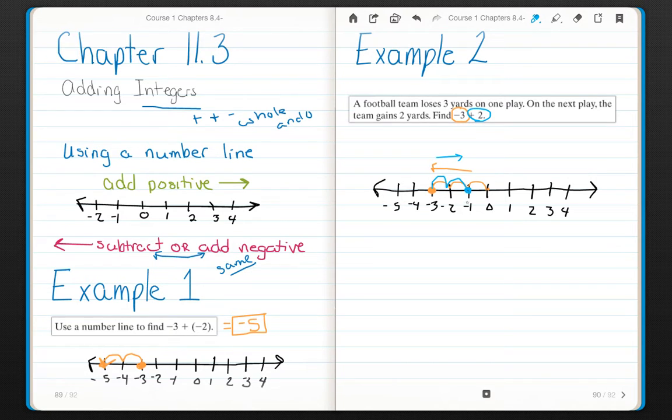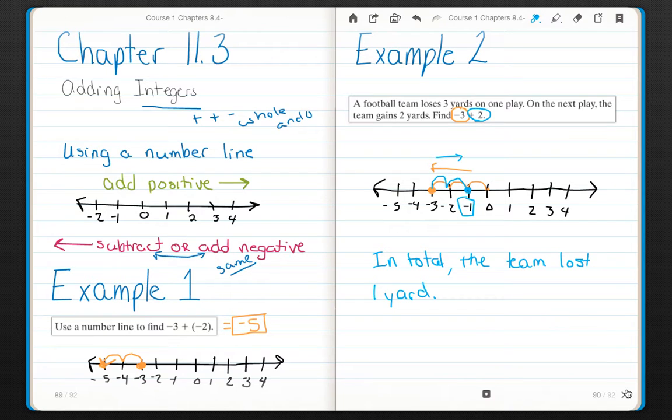I'm going to wind up here at -1. So in total, the team lost 1 yard. And they lost that 1 yard because they haven't gotten back to 0. They have not gotten back to where they started.